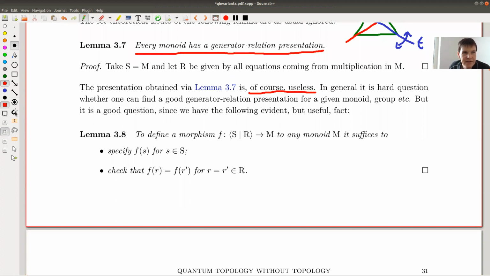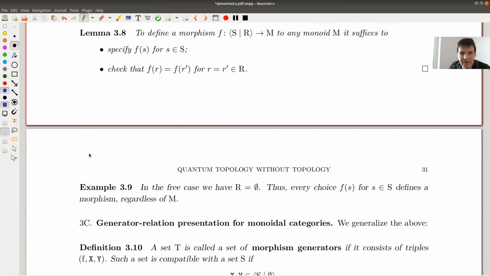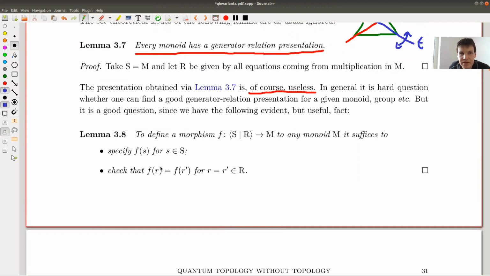But the point is, this other lemma, which basically holds by definition: to define a morphism, if you have a generator and relation presentation, it's completely sufficient to specify your morphism on generators and to check whether relations are preserved. And that's super useful. Well, maybe I should just say useful.